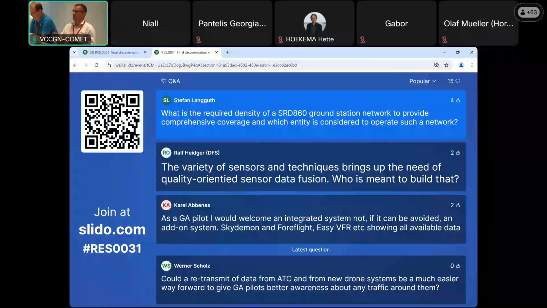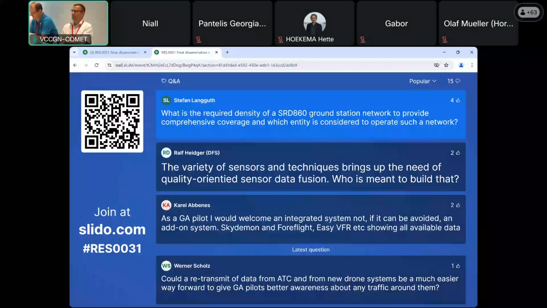What is the distance between these ground stations that is required to have comprehensive coverage also outside of U-space, so countrywide, and who is intended to operate such a network? Because it's a lot of cost and maintenance. So any ideas about that?